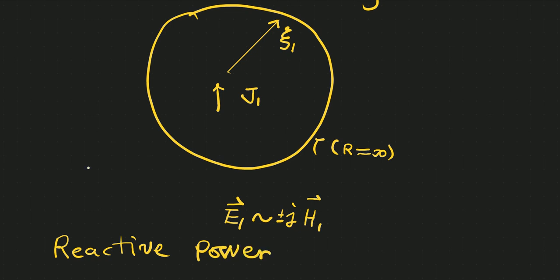Reactive power wave. This wave does not send energy outside the universe. In the end, I will tell that Maxwell electromagnetic wave theory is wrong here.